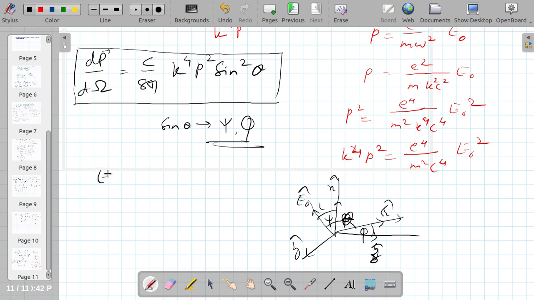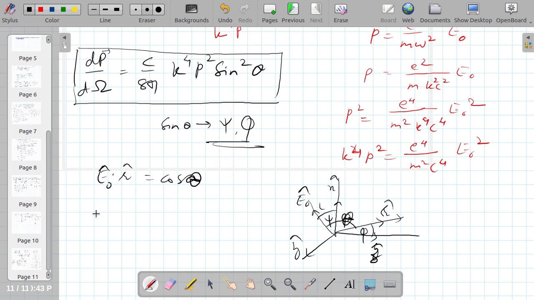As I know, if I take these two unit vectors, then it is cos of theta, because it is the angle between E naught and r. r is the scatter direction. So I want to incorporate this psi and phi.